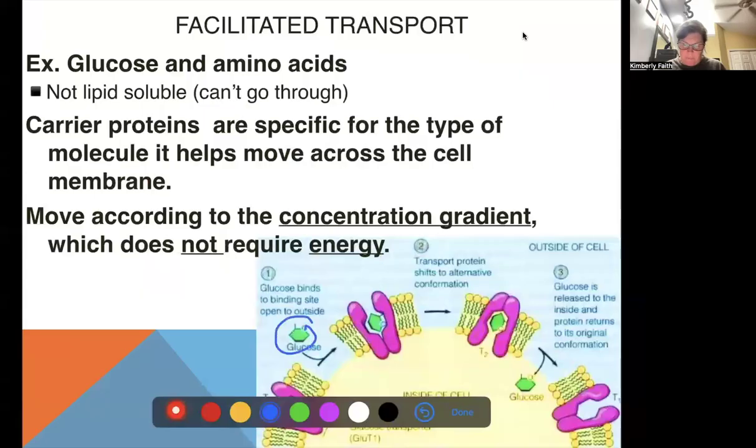So we have our sugar. It's going to bind. Let's see if I can move that real quick. See how it's empty? It's going to bind to that pocket. That's going to change shape, and it's going to bring the glucose in there. It is still going to move according to the concentration gradient. Now, with glucose being so important for our cells, that is what we're going to make ATP out of.